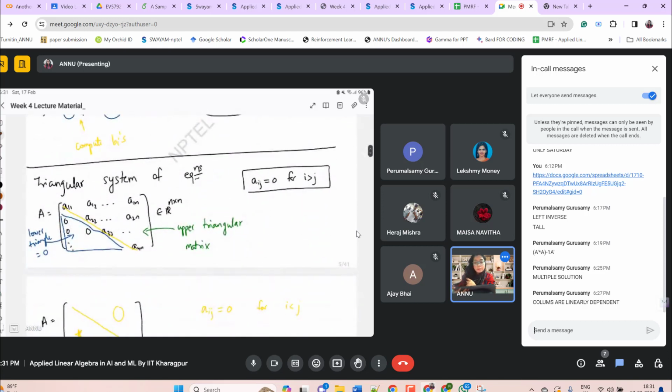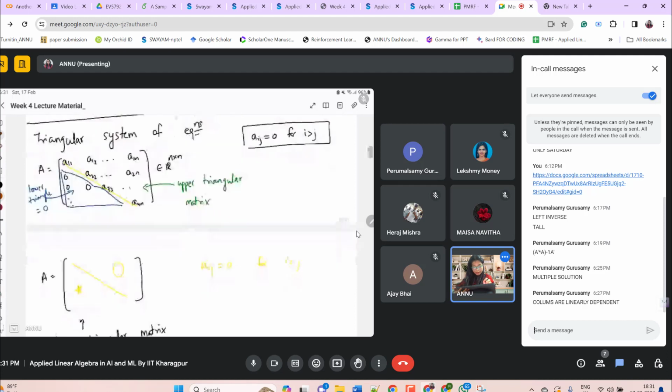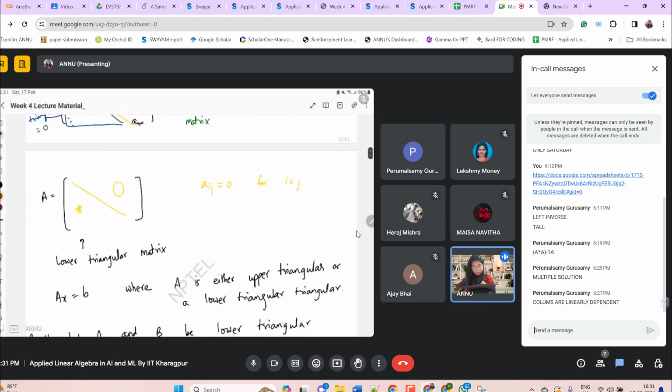Then, if we write any matrix in the form of upper triangular and lower triangular, we can write it like this. Lower triangular means the entries above the diagonal are 0, whereas in upper triangular the opposite is the case.